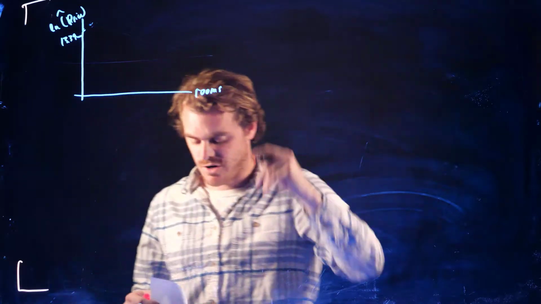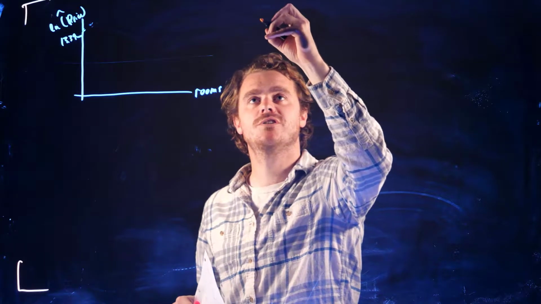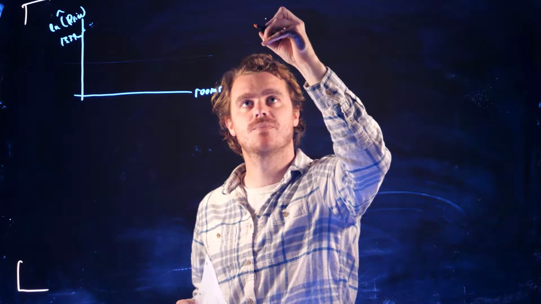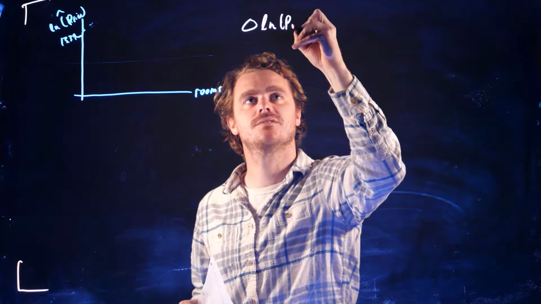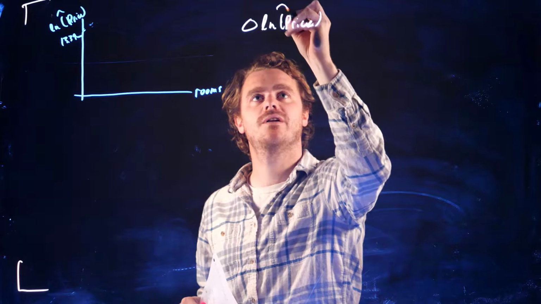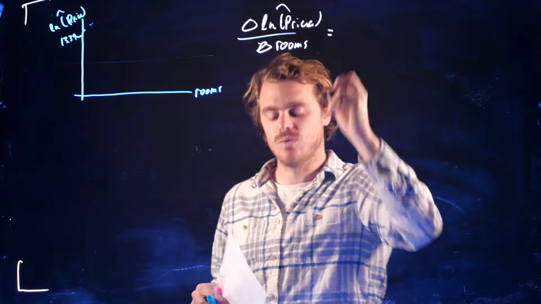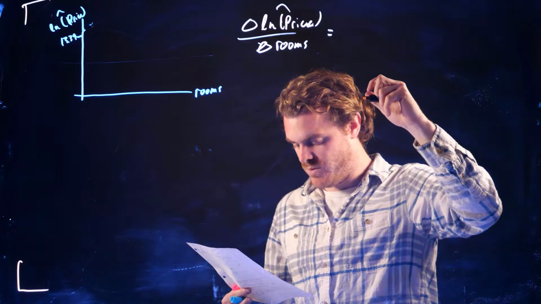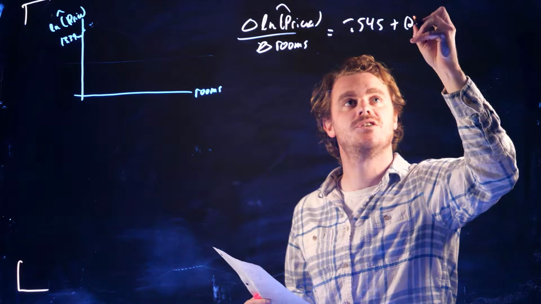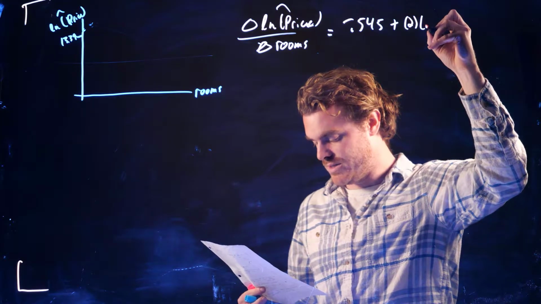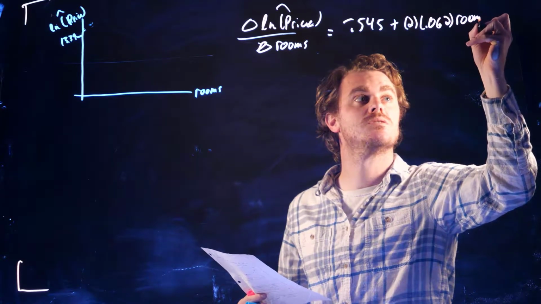And remember our coefficients, I should rewrite them just so we have them. Remember the marginal effect, so the change in the predicted log of price over the change in rooms was equal to negative 0.545 plus 2 times 0.062 times rooms.